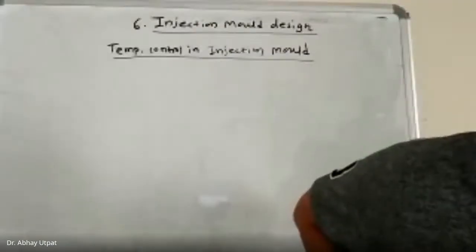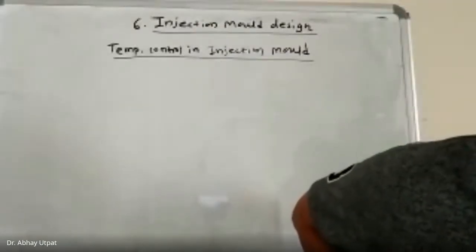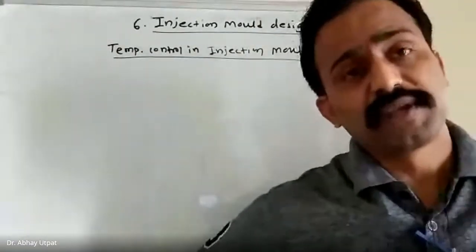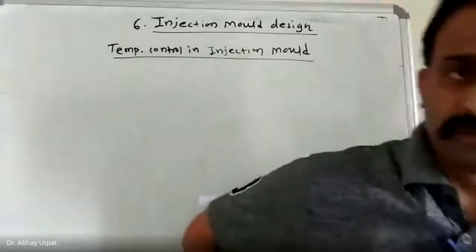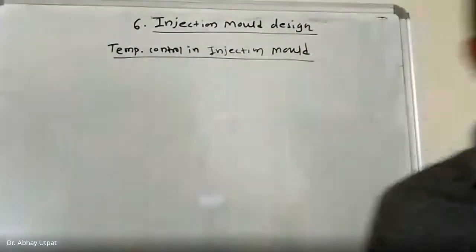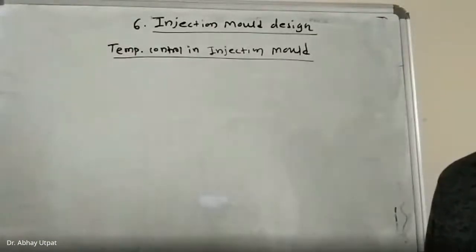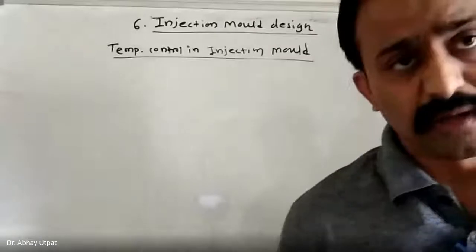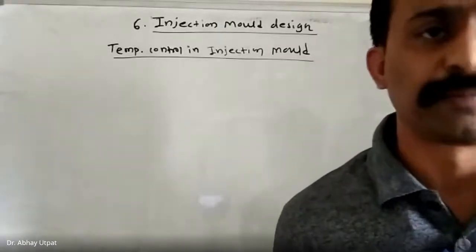Mold temperature plays a very important role here, and the water you circulate controls your mold temperature. Shrinkage behavior of the product becomes controlled because of mold temperature.